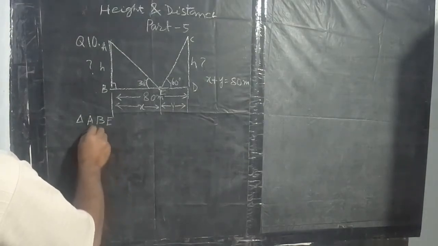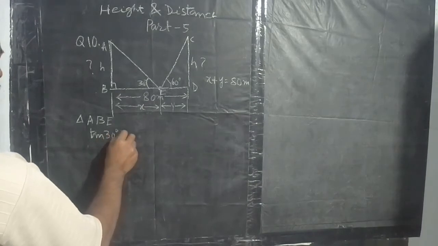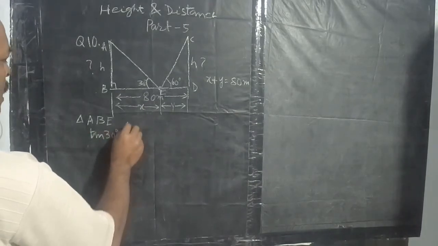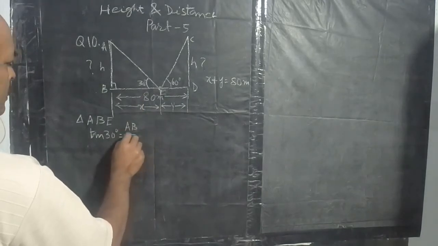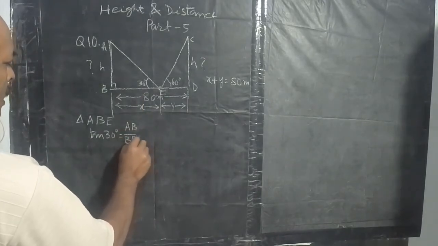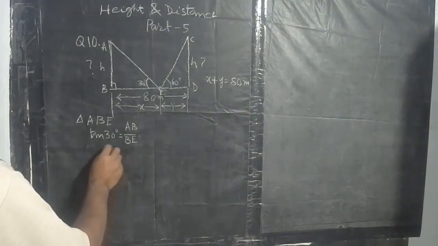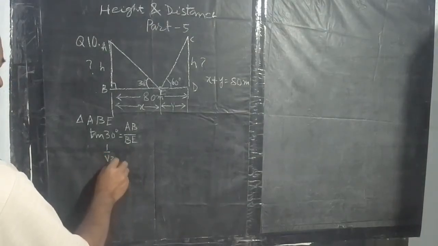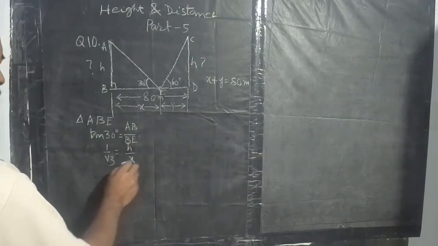So tan 30 degree is equal to AB upon BE. Now tan 30 is 1 upon root 3, and AB is H, BE is X. So X equal to H root 3.